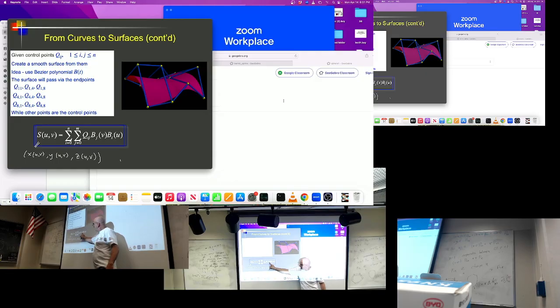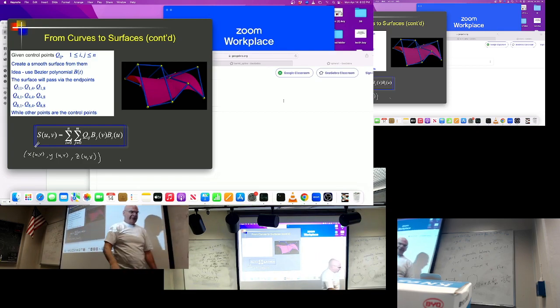Again, think about this experiment of setting V to 0. Set V to 0, you're only looking at one row of control points, and now when V is 0 and you change U, you're creating one curve.